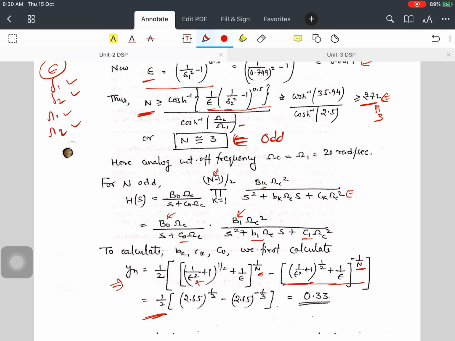When you calculate the value of yn, it is coming 0.33.